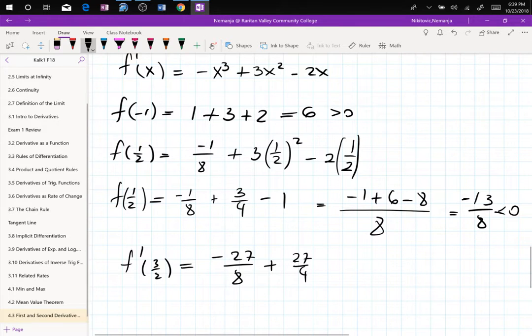And negative 2x, right? So that's going to be 6 over what? Over 2.